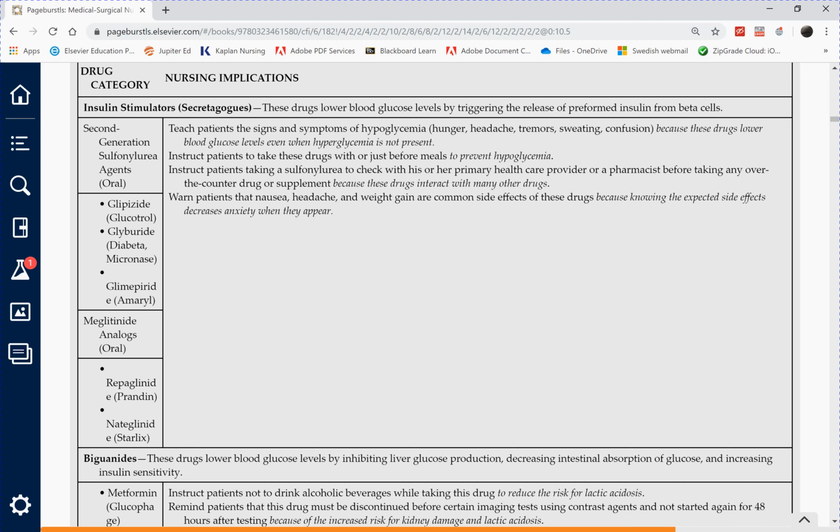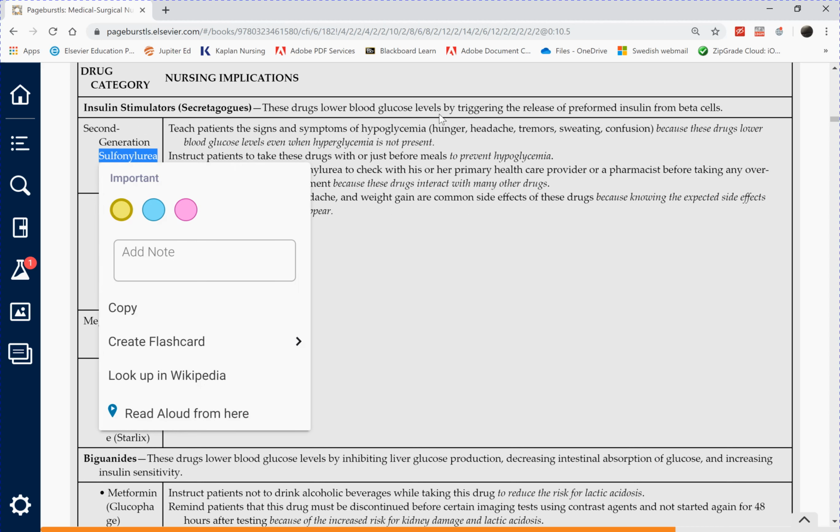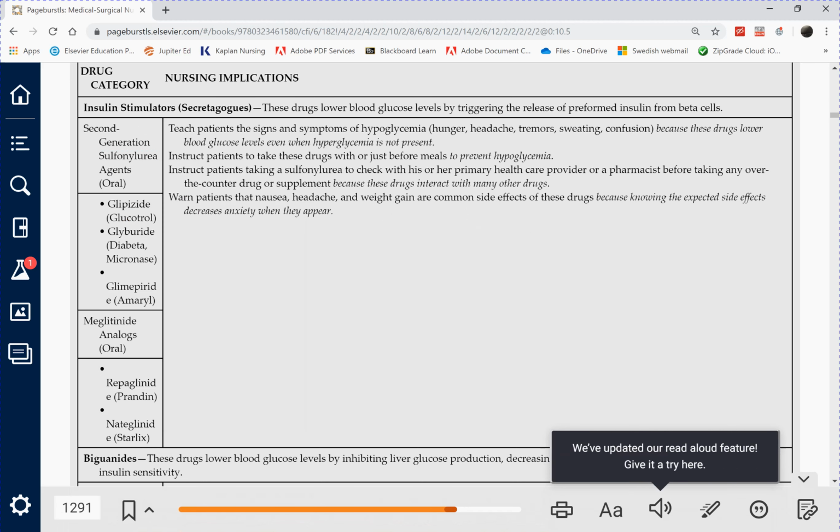Please read the side effects on your own. Again, insulin stimulators, so these are sulfonylureas, trigger the release of insulin, so therefore they act on the pancreas. There are only 4 possible targets of oral hypoglycemics. One is the pancreas, meaning some drugs will trigger the release of insulin.